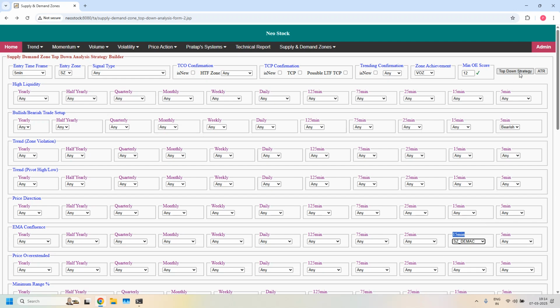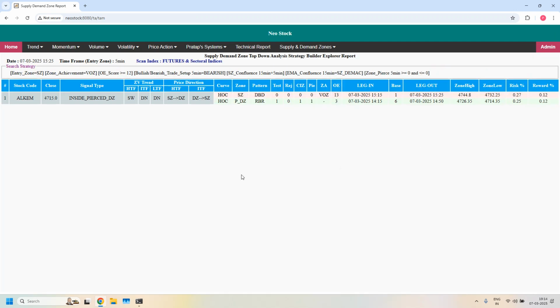So anyway trend is downtrend. We got 1 stock. So probably this 5 minute supply zone might be having more probability to get success, because the 15 minute supply zone has daily EMA confluence, and the 5 minutes supply zone is overlapped with it. This entry time frame supply zone is overlapped with the 15 minute supply zone.